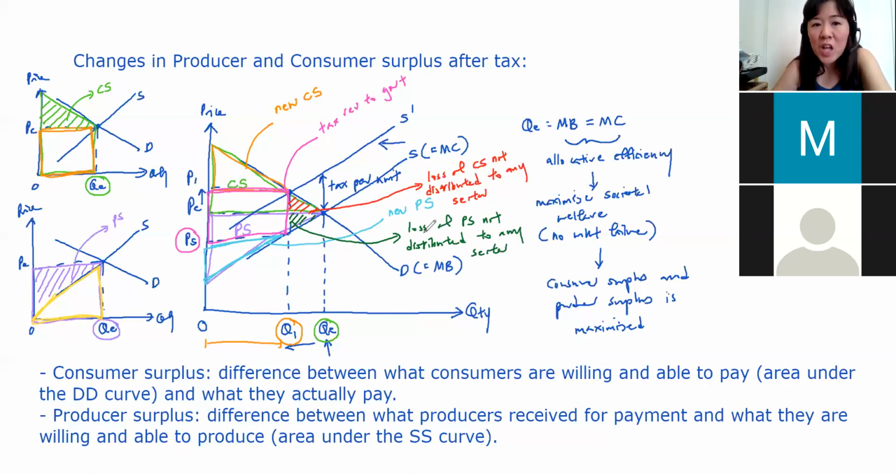So our deadweight loss will be a combination of these two areas that are lost for good. So in other words, this is what we call the deadweight loss. Understand?